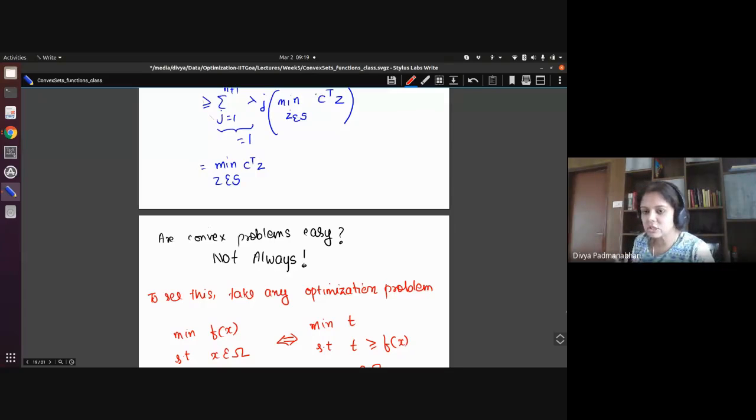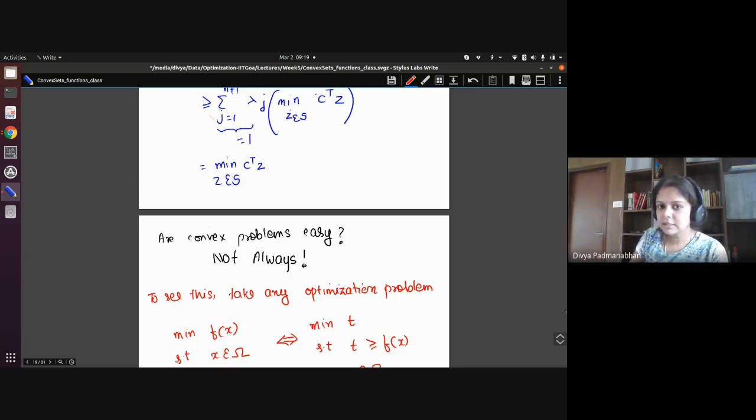There is this traditional belief that convex problems are all easy, and the moment you identify that a problem is convex, it's all done. But actually that's a misnomer. It's not always the case. Of course, there is a good class of convex problems which can be solved efficiently, but this is not always true.